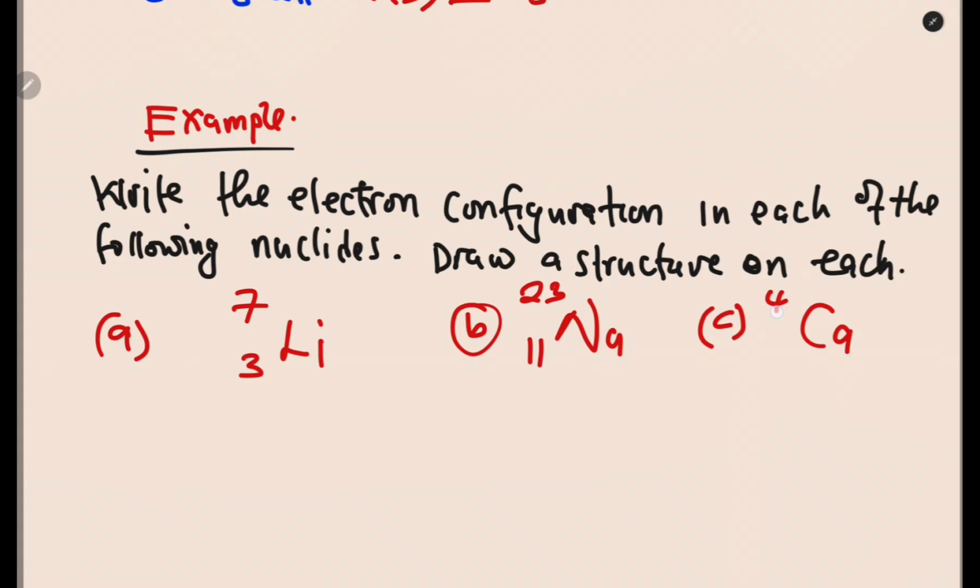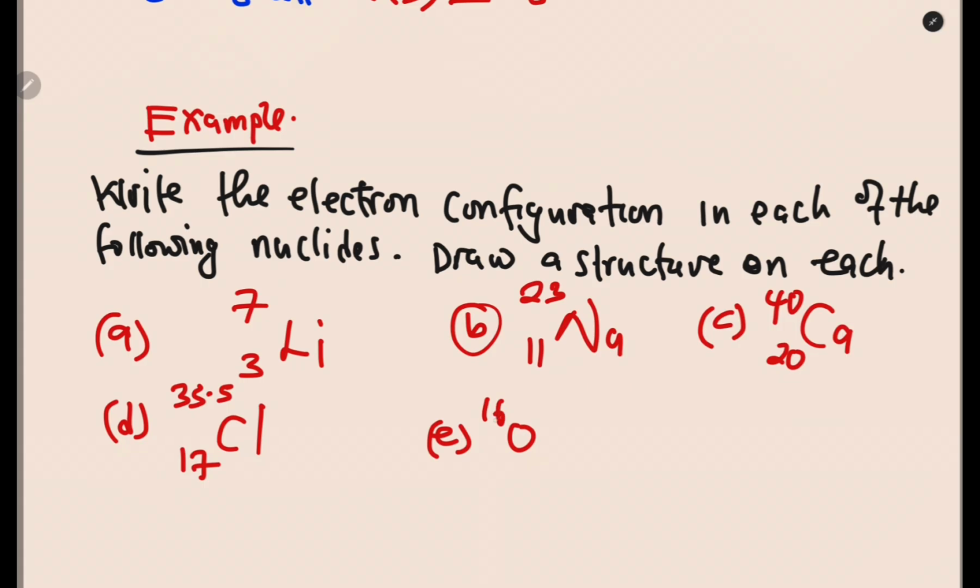So calcium here has 40 and here has 20. Then for D, let us look at chlorine. Chlorine has 35 on top, then here 17. Then E, oxygen. Oxygen has 16 on top and 8 down here.